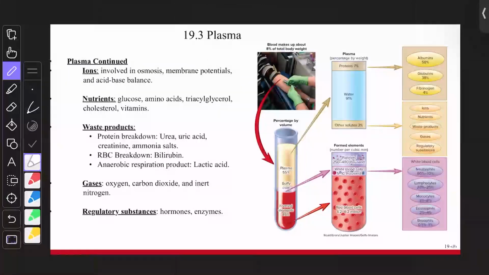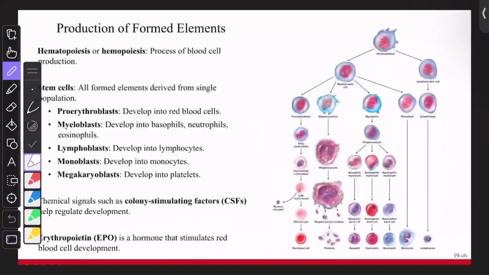Are there any questions about what makes up the plasma? Anything that's in here? Again, you should know which pieces are waste products, which ones are nutrients, which ones are gases, those sorts of things, okay? Questions? See, I told you you wouldn't hate this chapter.